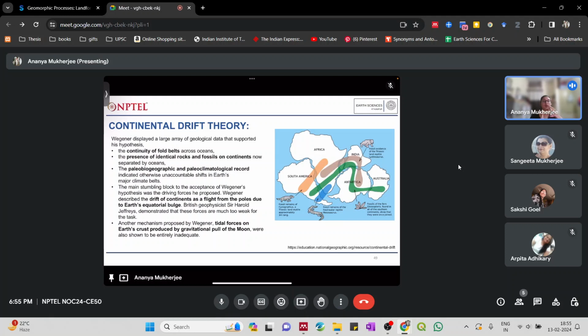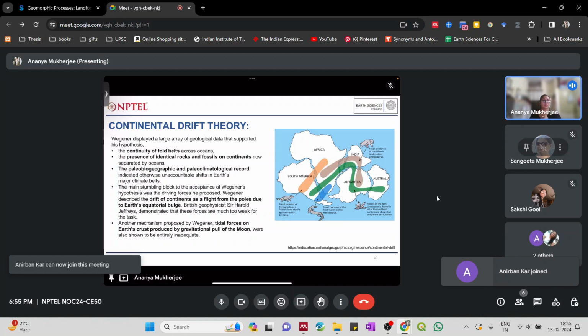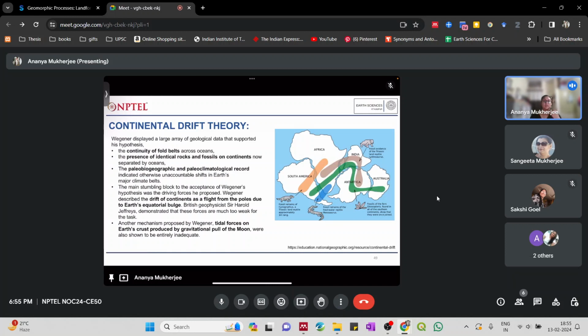Then the rock types or rock samples and fossils of flora and fauna that were similar were found in continents that were separated by an ocean. This was also one of the important observations made by Wegener when he proposed the continental drift theory.